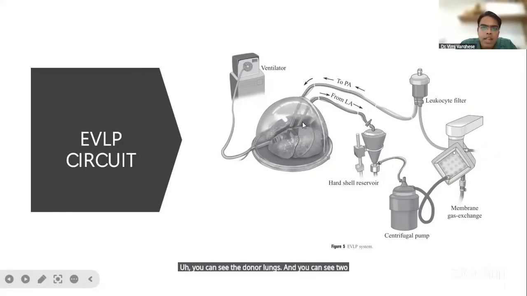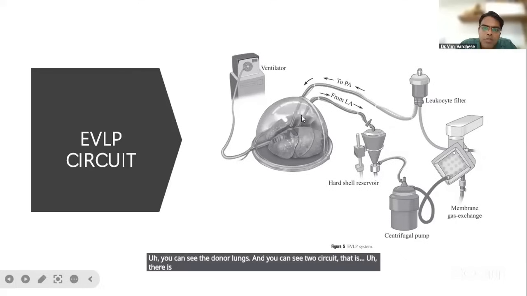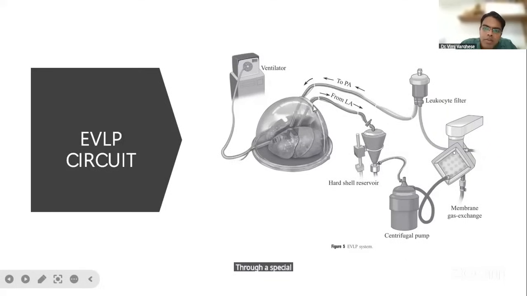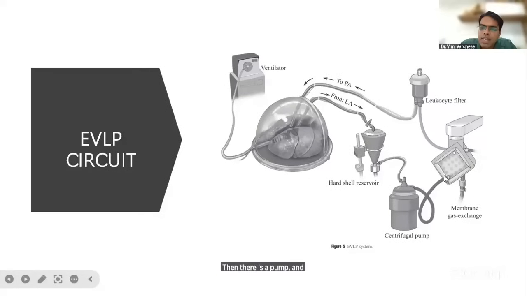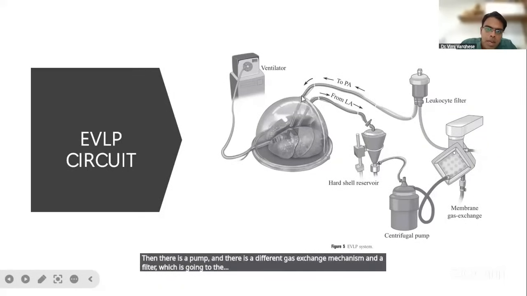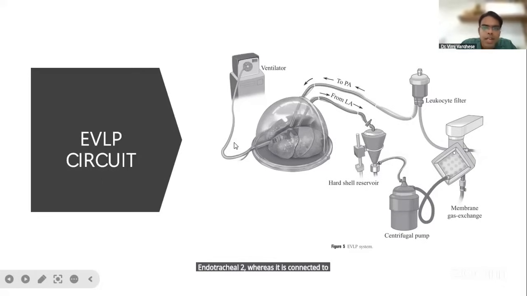There is a circuit from the left atrium through a special left atrial cuff, and the fluid is coming to a reservoir. Then there is a pump, a gas exchange mechanism and a filter, which goes to the pulmonary artery, and you have an endotracheal tube connected to the ventilator.